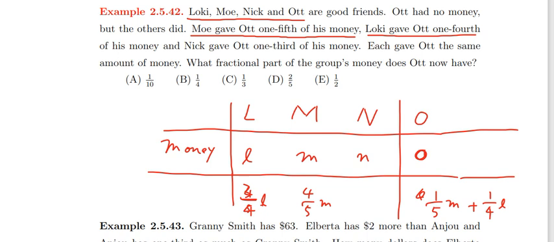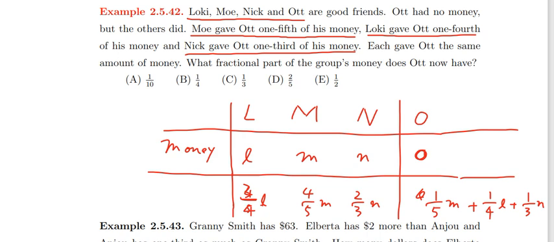And N gives 1/3, so N has 2 over 3, 2 thirds of A, and here 1 over 3 of A, right? So this is the information so far.